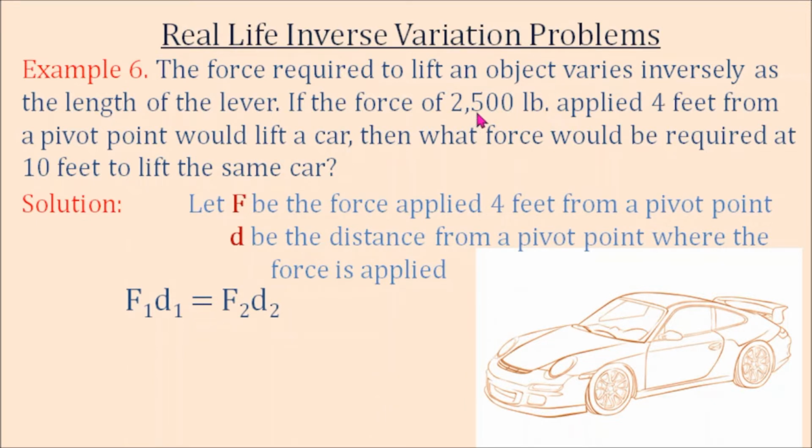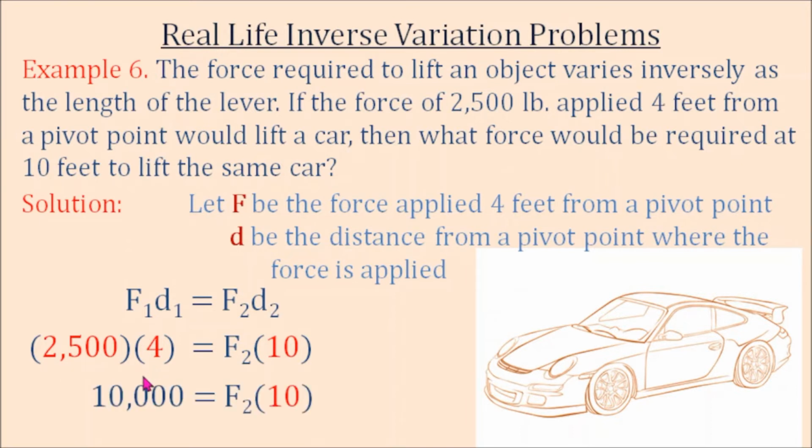So our F sub 1 here is 2,500, our D sub 1 is 4, our F sub 2 is what we are going to find. Then our D sub 2 is 10. So 2,500 times 4 is 10,000. To find F sub 2, we divide both sides by 10. And 10,000 divided by 10 is 1,000. So meaning to say our F sub 2 is 1,000 pounds.